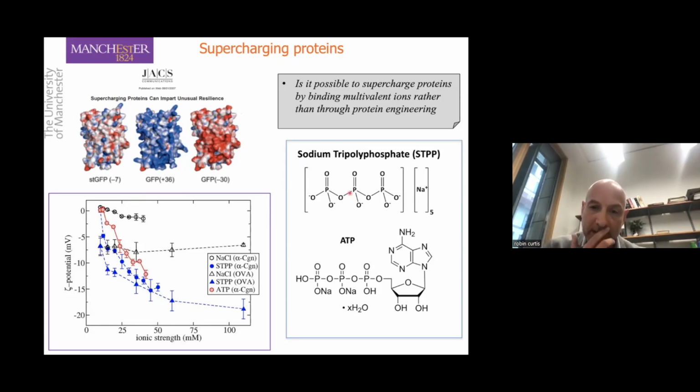And so in this case, we looked at tripolyphosphate, and then we also looked at ATP. We looked at ATP because there's been some work in recent years showing that ATP might also play a role in controlling protein self-assembly in cellular environments.